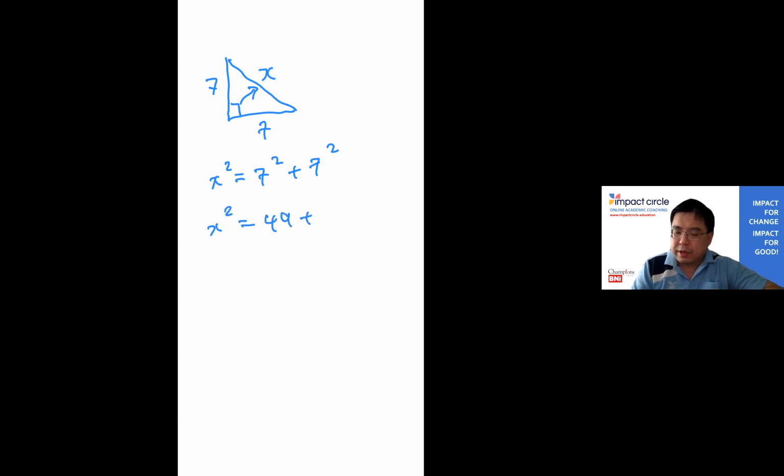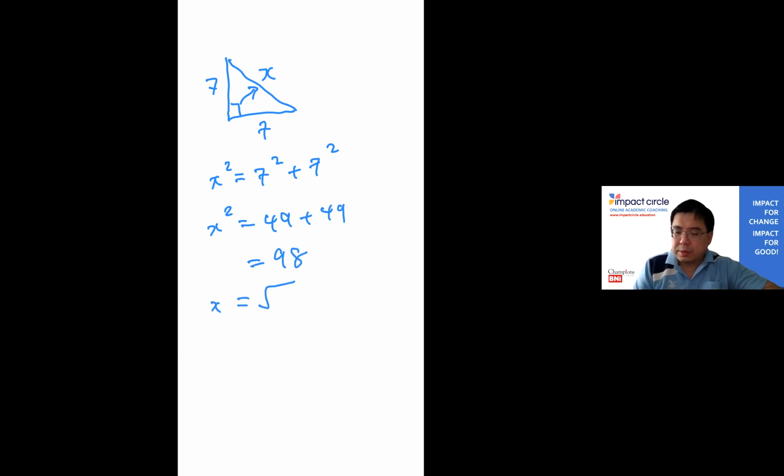Question 3, we have an isosceles triangle, with 7 on these two sides and x on this side. The hypotenuse is actually x. So we need to form the equation as such. You have x squared equals 7 squared plus 7 squared. That will give you 49 plus 49, adding together, which will be 98.